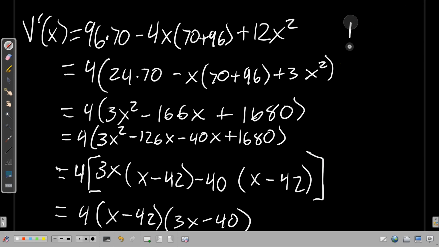So then the critical values of the volume equation that we had would be 42.